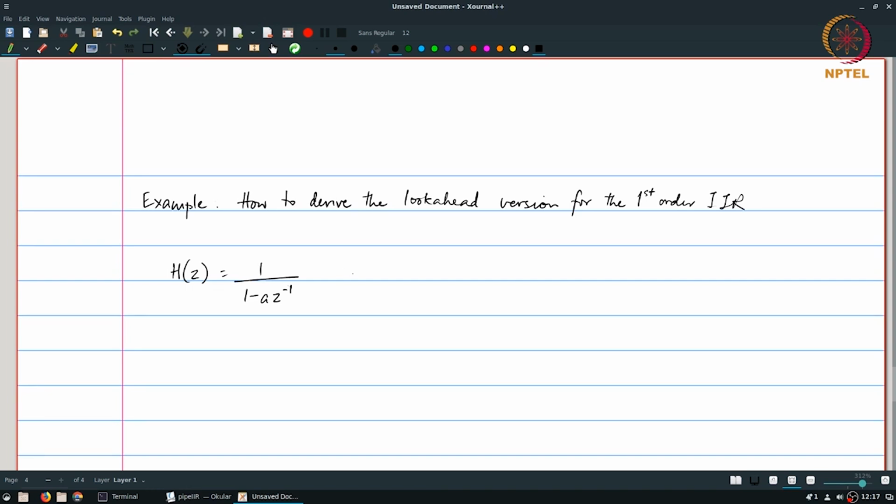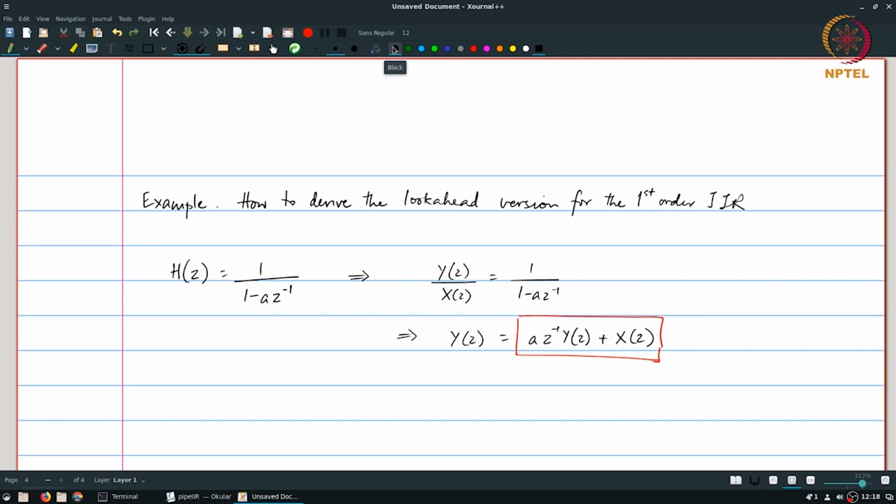What you can see over here essentially corresponds to the equation H of z, or to rewrite it, Y of z over X of z equals 1 over 1 minus a z inverse, which is essentially Y(z) is equal to a z inverse Y(z) plus X(z), which is exactly the same structure that we had implemented earlier, except for the fact that the coefficient of b is set equal to 1.